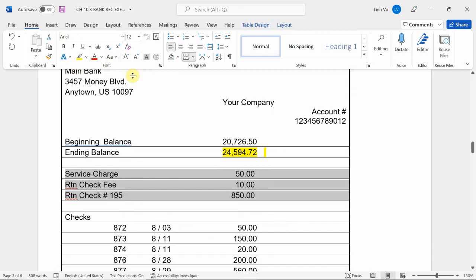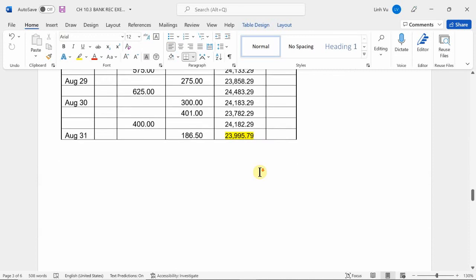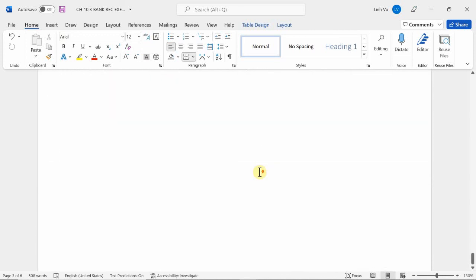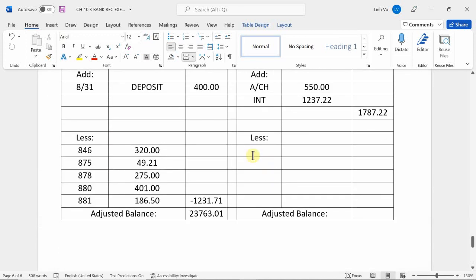Yes, because you end up bouncing a check, right? So you got a $10 NSF fee and you got a bounced check for $850. Okay.